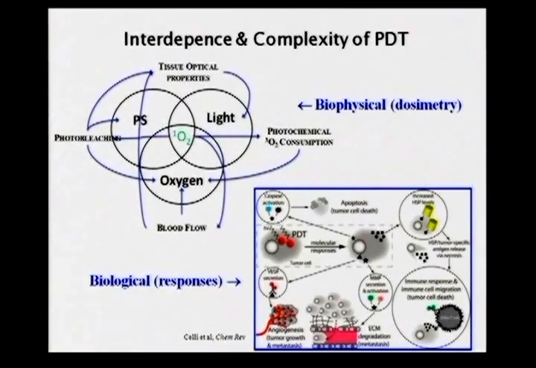So this is a dynamic, complex process, and the question is, how do you get a handle on this in order to finally get a description of the real dose that leads to the biological response? And we know that the biological responses themselves can be very complicated. It can be direct cell kill, effects on the vasculature, effects on the immune system. So the biological effects are complicated. The dosimetry is very complicated. And this is one of the big challenges in PDT.